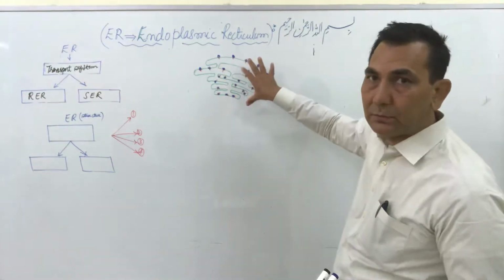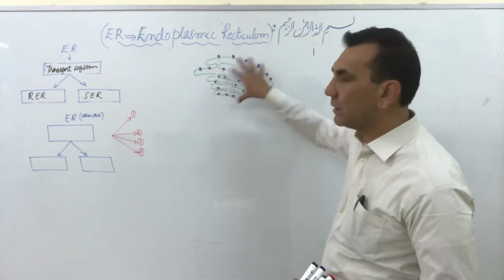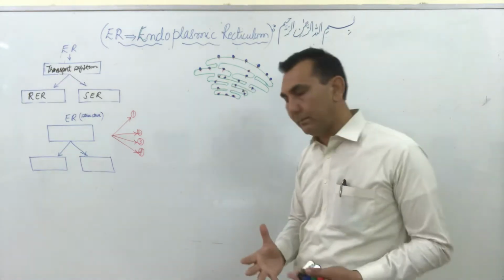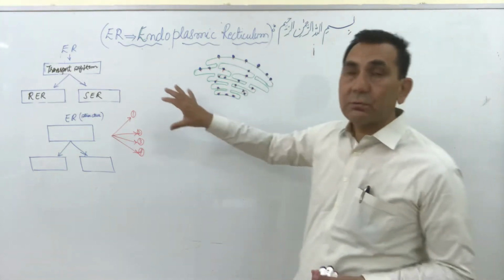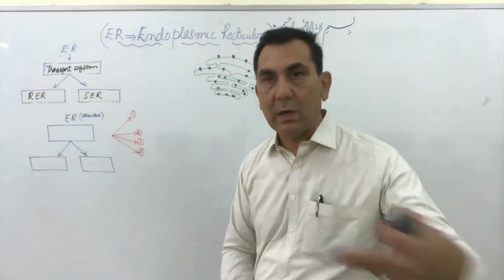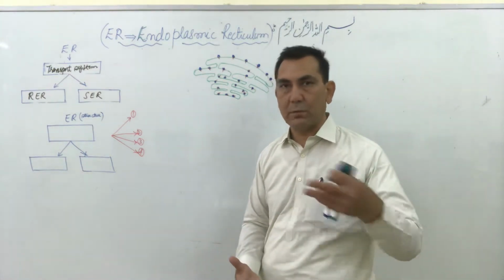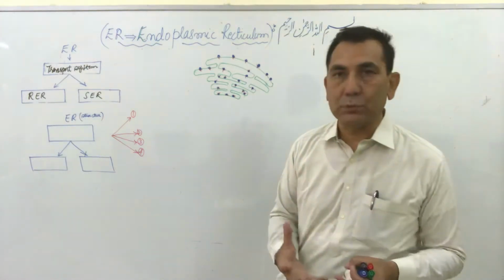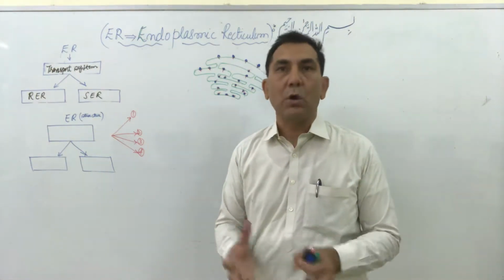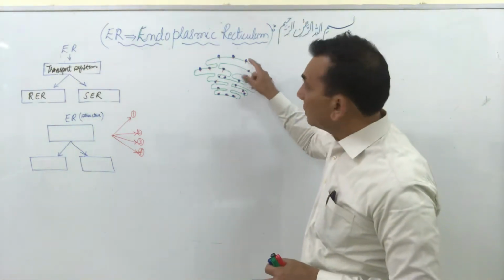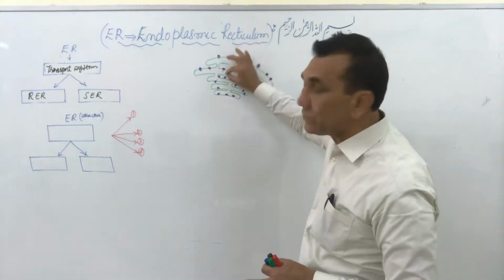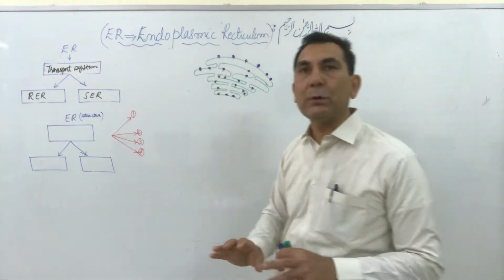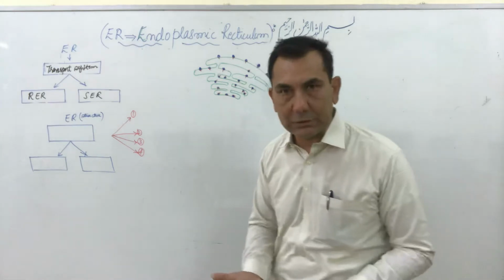If you are looking here, I sketched a diagram of the rough endoplasmic reticulum. The ribosomes, which I taught you about in the previous lecture, are small molecules responsible for the synthesis of protein. When the ribosomes attach on the surface of the endoplasmic reticulum, it is converted into the rough endoplasmic reticulum.